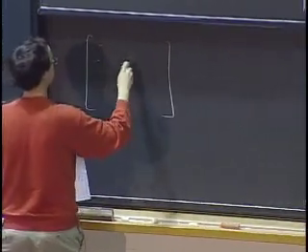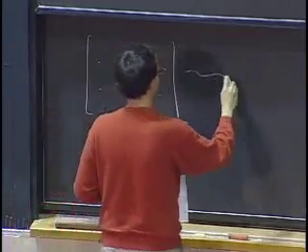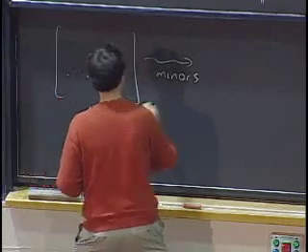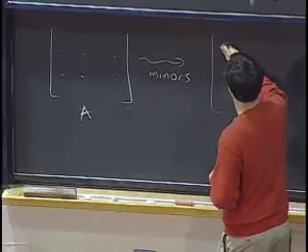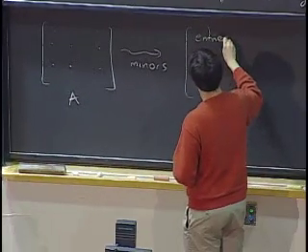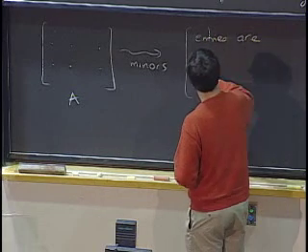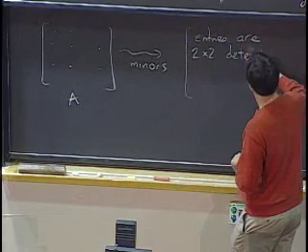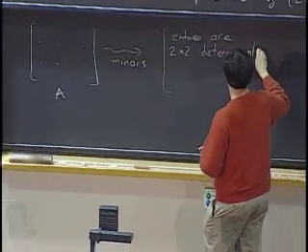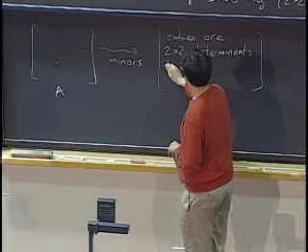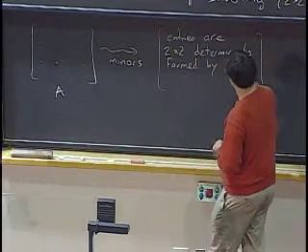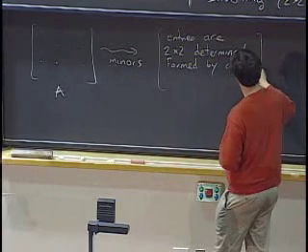What I will do is I will start by forming the matrix of minors. So remember that minors, each entry is a 2 by 2 determinant in the case of a 3 by 3 matrix, formed by deleting 1 row and 1 column.